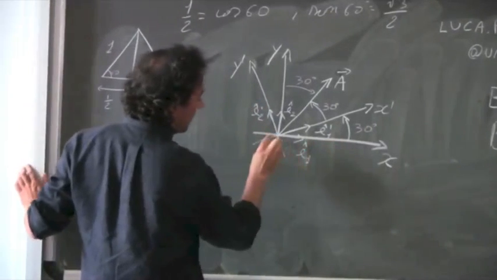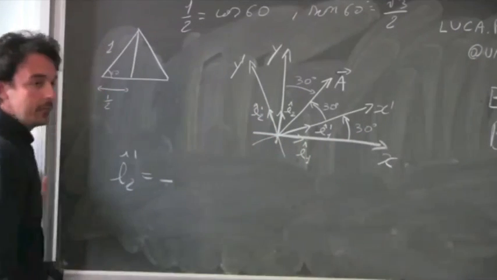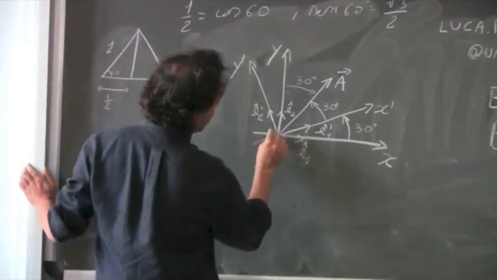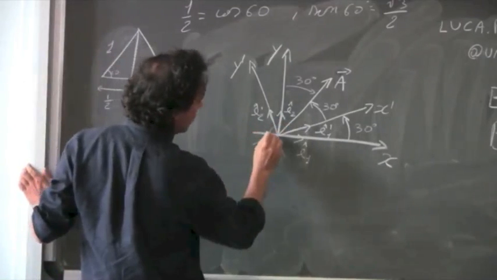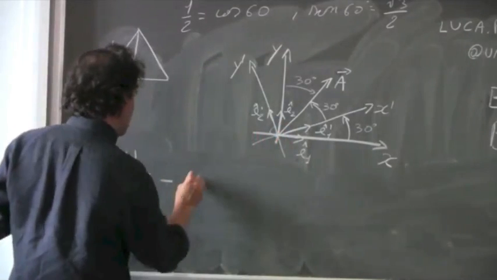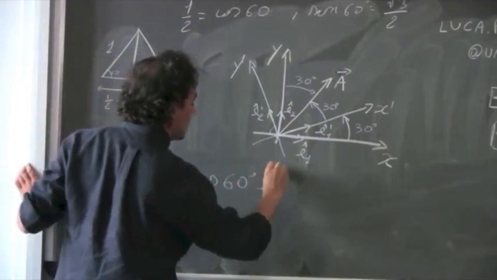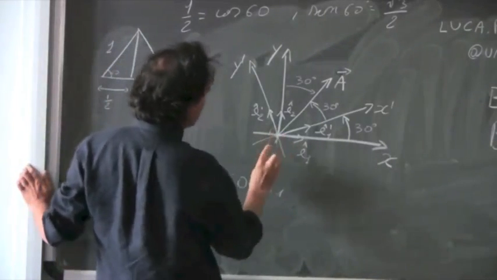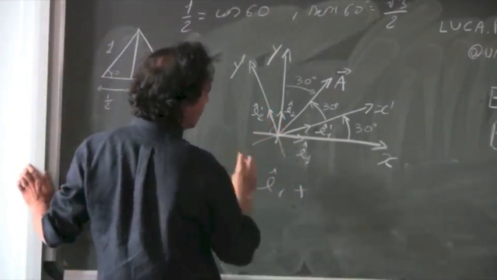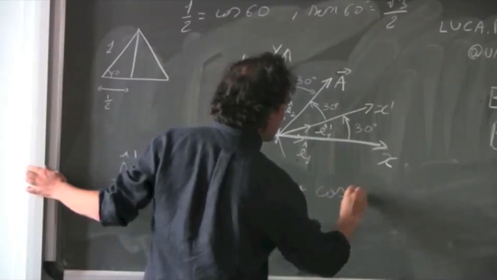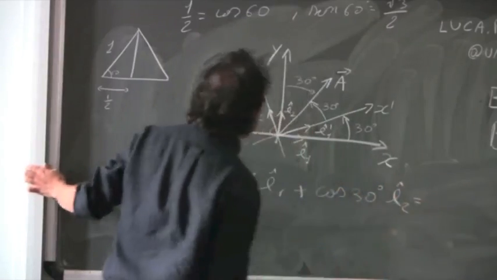On E1 it has a negative projection, and this angle is 30, so this is 60. So you have cosinus of 60 on E1, and for E2 you have a positive projection, and you have cosinus of 30.